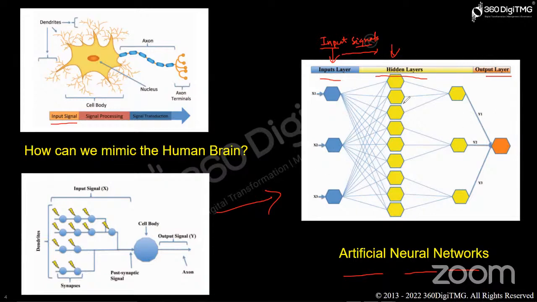Signal processing happens. These hidden layers can be of various shapes. They can have a greater number or a smaller number. Once signal processing is done, we have the output layer, which helps to send the output signal. Similar to the working of a human brain, this also works.